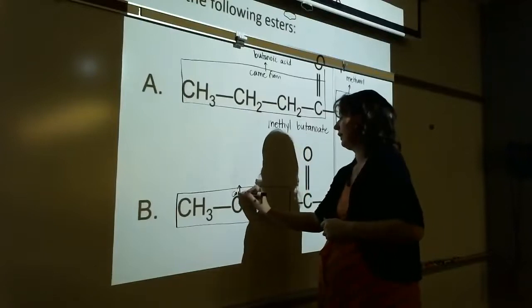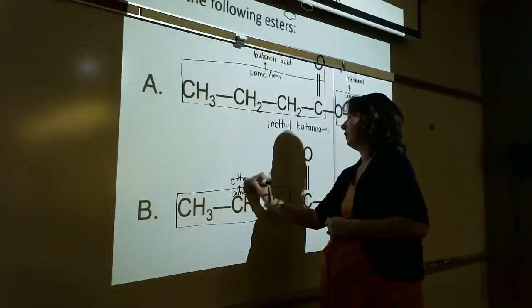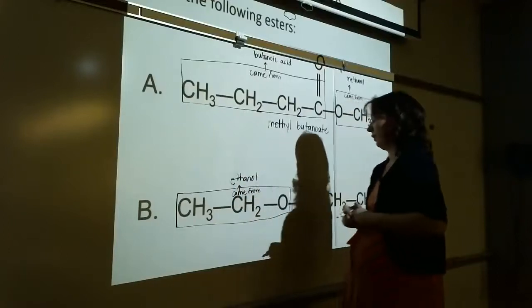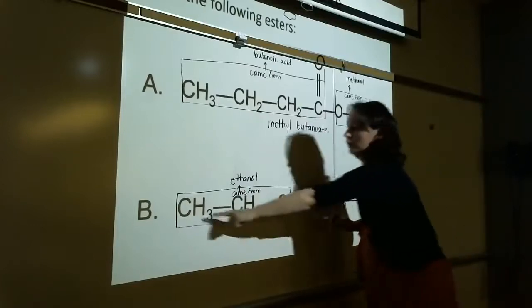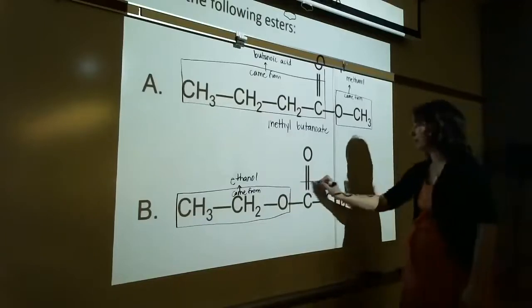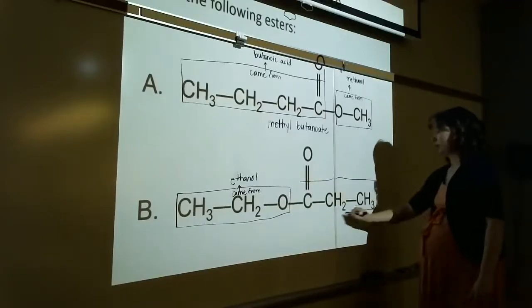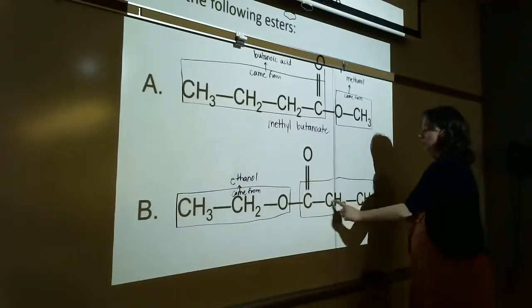Ethanol. Right, that came from ethanol. And again, you don't need the 1 on ethanol, because if the OH is here, or if the OH is here, it's still number 1. And then what did this come from? Right, 1, 2, 3.